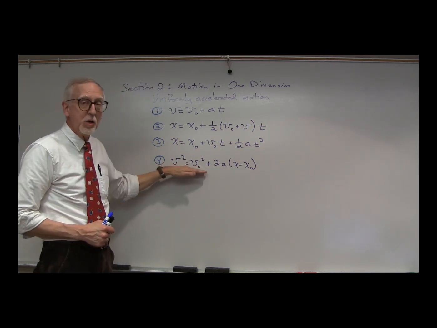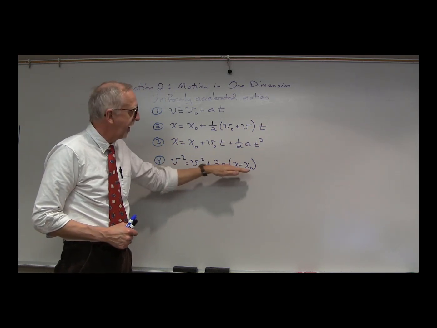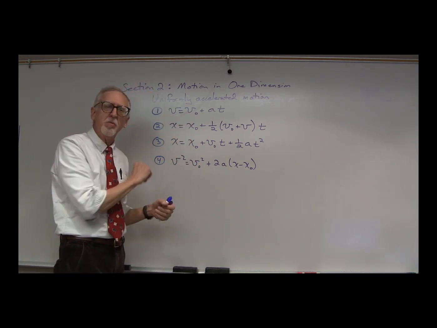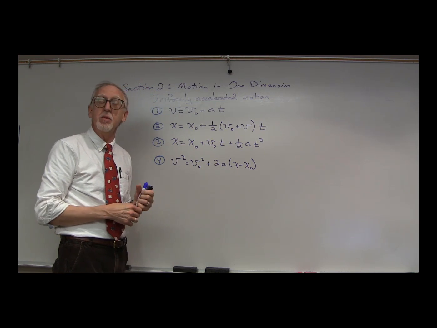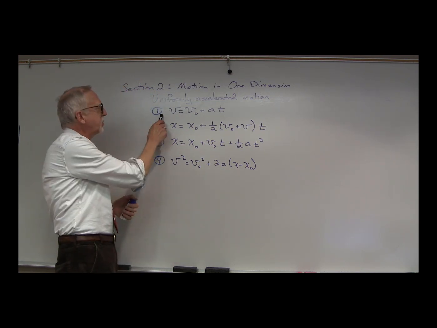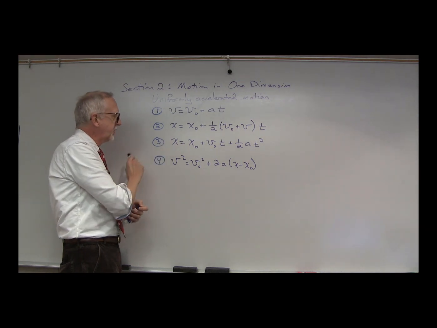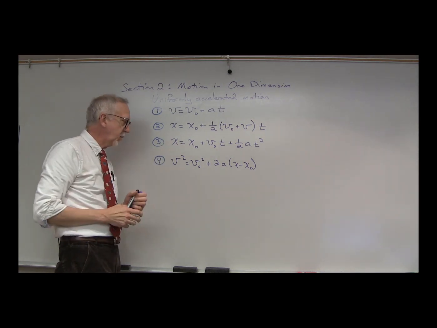And v squared equals v naught squared plus 2a (x minus x naught). And I'm always going to write them in the same order to just help us remember them. I'm going to refer to this one as equation number 1, this one as equation number 2, this one as equation number 3, and this one as equation number 4.